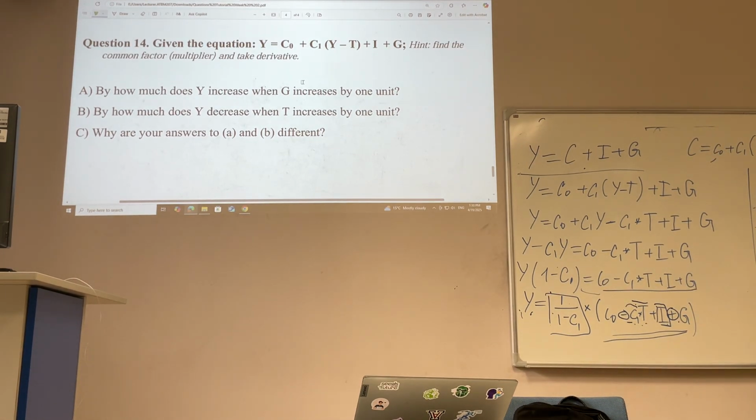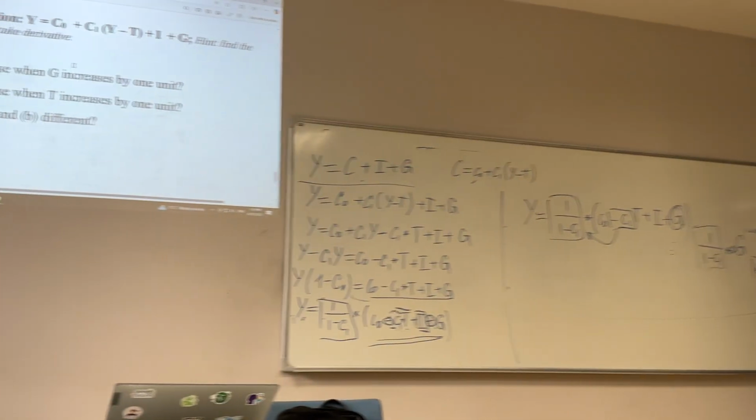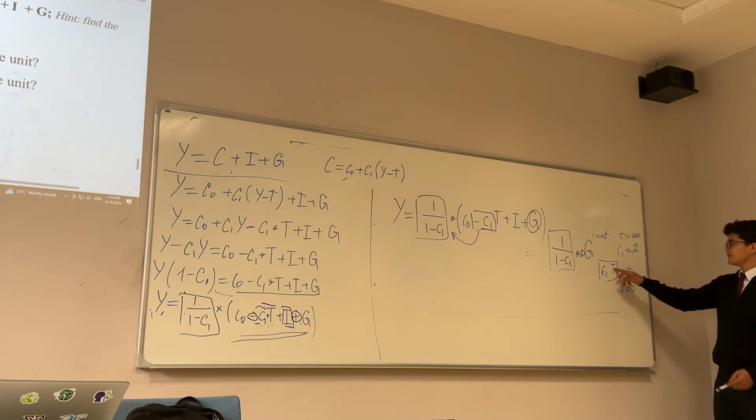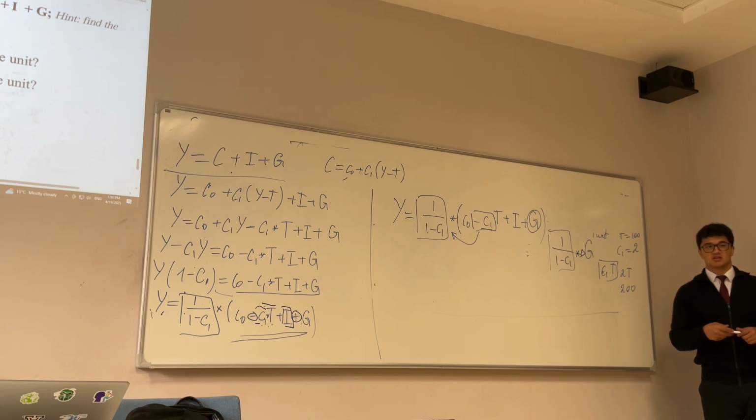Imagine that our slope is, let's say, C1 T. Let's say our C1 was equal to 2. That's called 2T. And let's say T equals 100. At first, how much is this? 200. Now our T increases by 100.